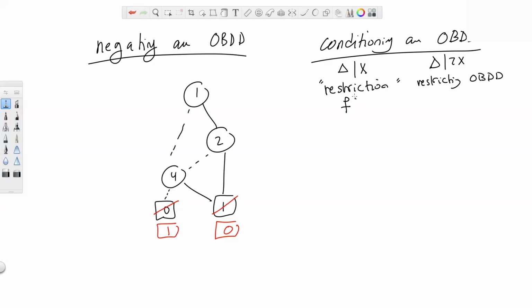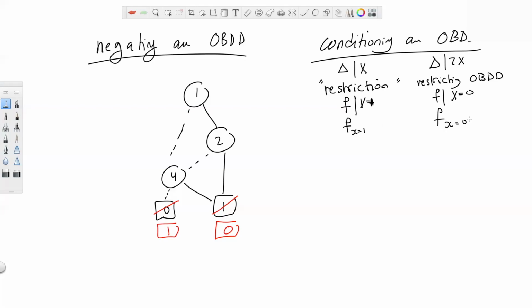Sometimes people would say, okay, condition on X equals 0, or condition on X equals 1. Sometimes they will write F with X equals 1 as a subscript. You will see all of these things. But restriction is an important term to remember because that's commonly used there.